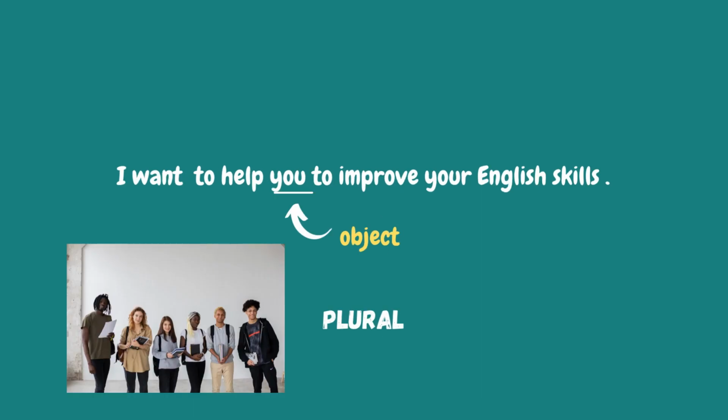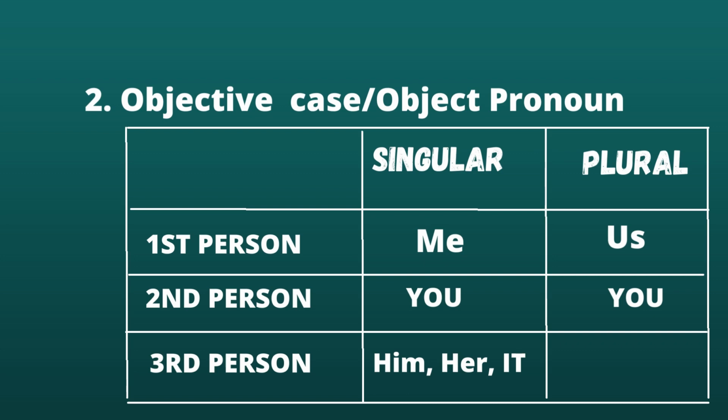However, if the person talks to more students, it becomes plural. Example, I want to help you to improve your English. This time the teacher might be talking to more than one student. It's plural.